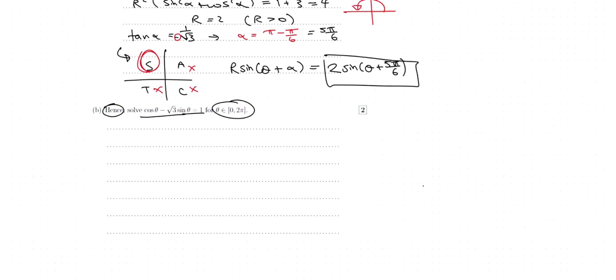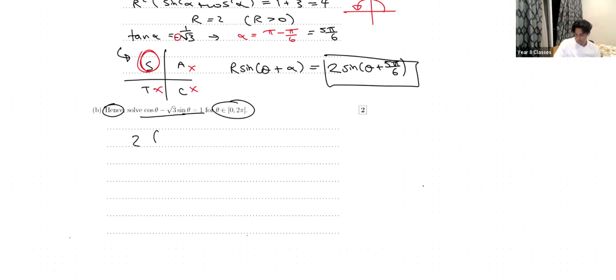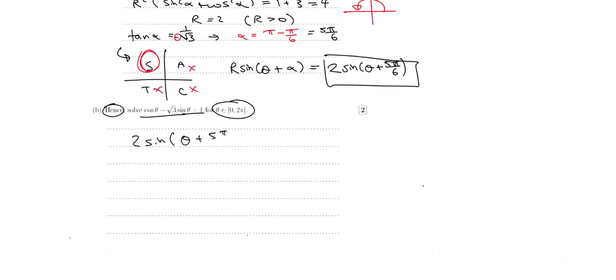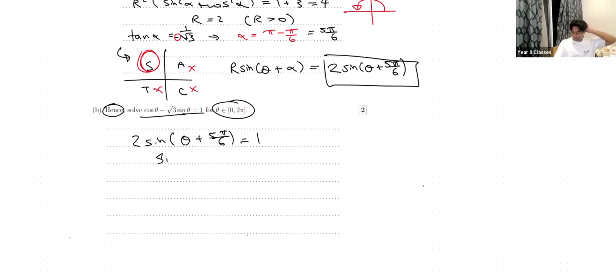You'd use the answer from the previous part and make it equal 1. So that was 2 sine of theta plus 5π/6, and then letting that equal 1. Then you can move the 2 and make it sine of theta plus 5π/6 equals a half. Indeed you can.